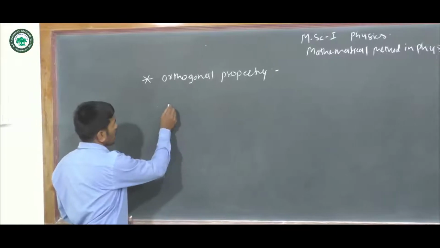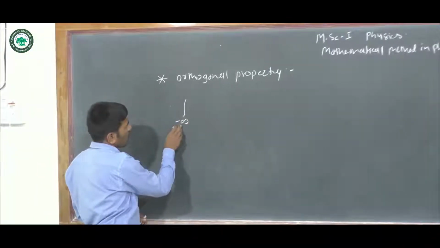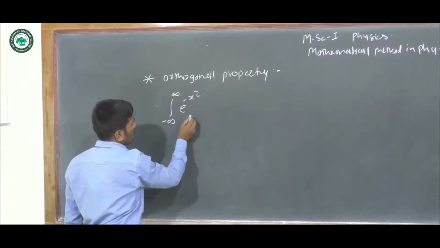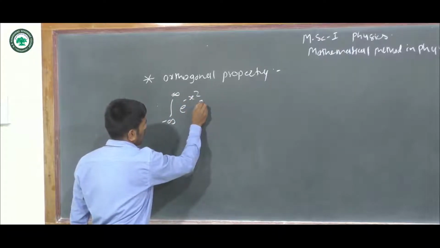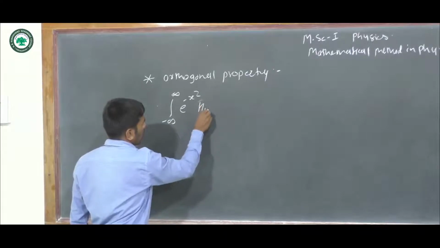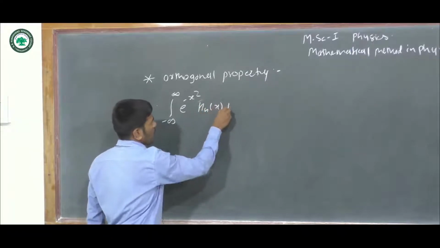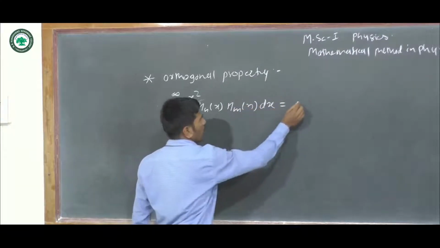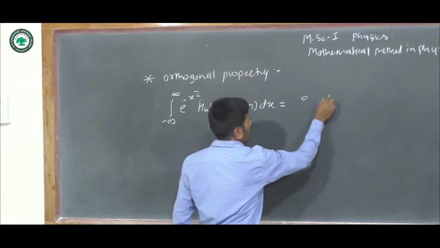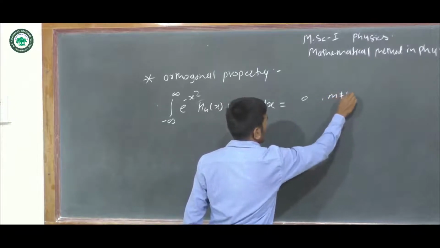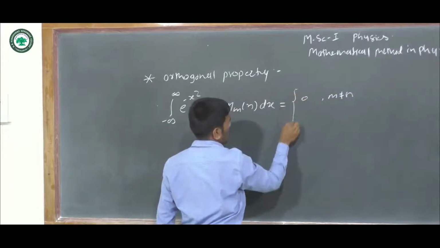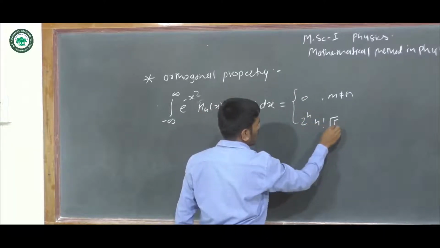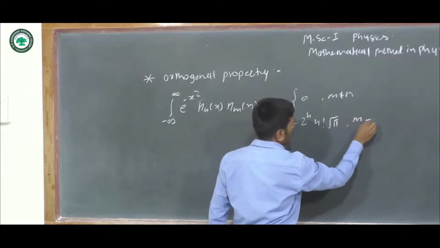for the Hermite functions is: the integral from minus infinity to plus infinity of e raised to minus x square into Hn(x) into Hm(x) dx is equal to 0 when m is not equal to n, and 2 power n into n factorial into under root pi when m is equal to n.